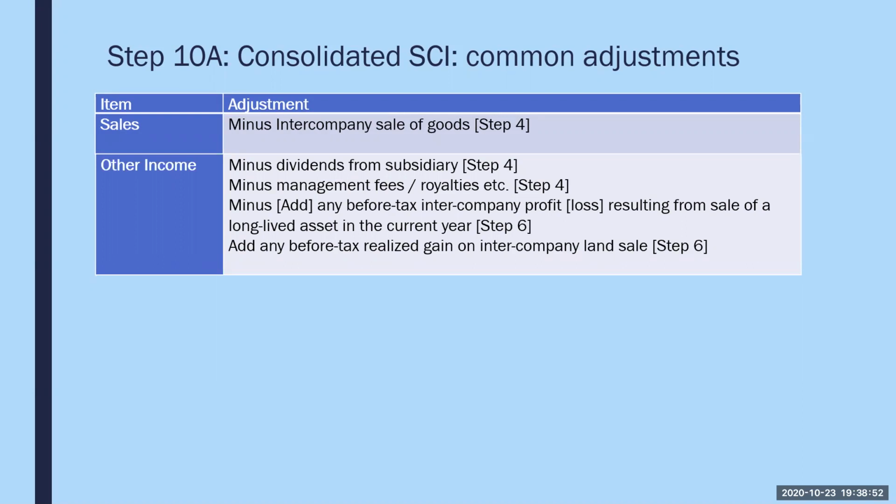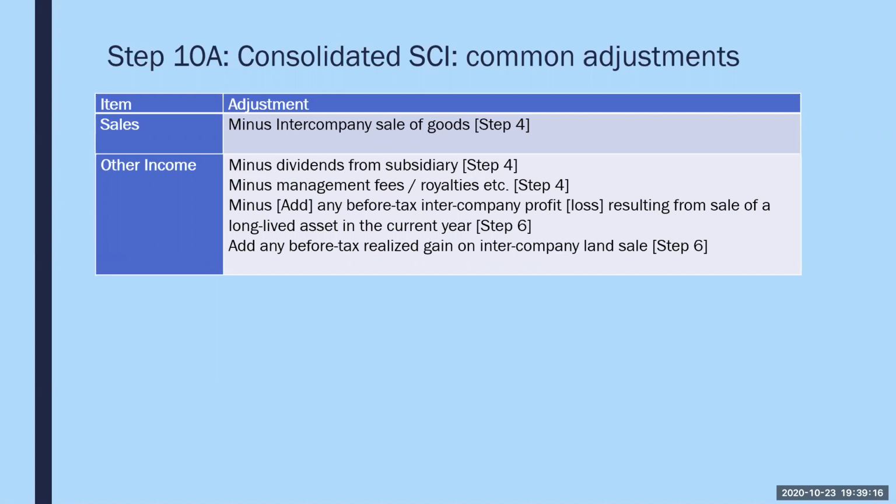And then if there was a sale of an asset intercompany in the current year, and there was a profit or a loss recorded, then you will eliminate the amount of that profit or loss as well. So you will subtract the amount of the gain recorded, or add back the amount of the loss recorded, if any.